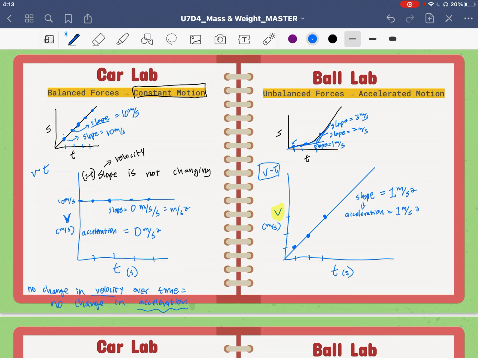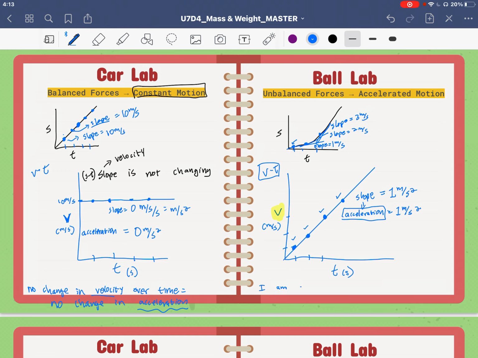So I see that my velocity changes at each time point. I have a different velocity. I'm moving faster and faster and faster and faster, which means I have some amount of acceleration.